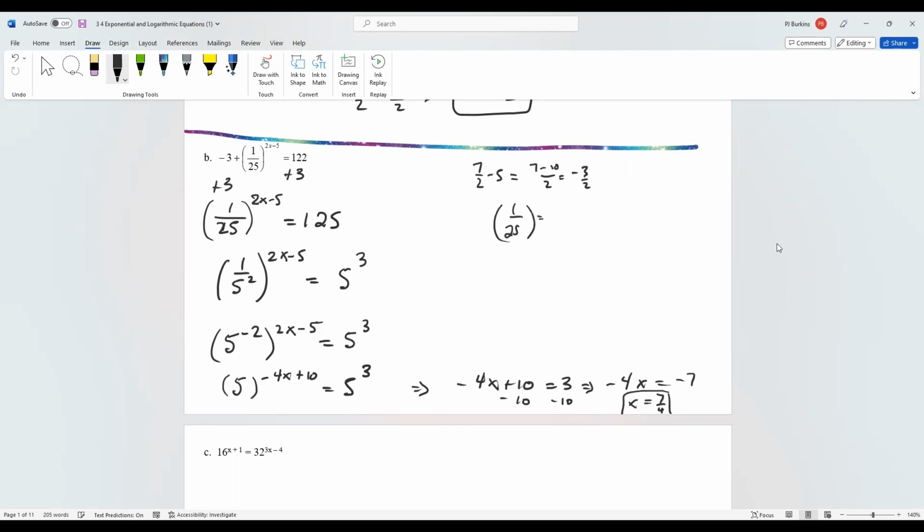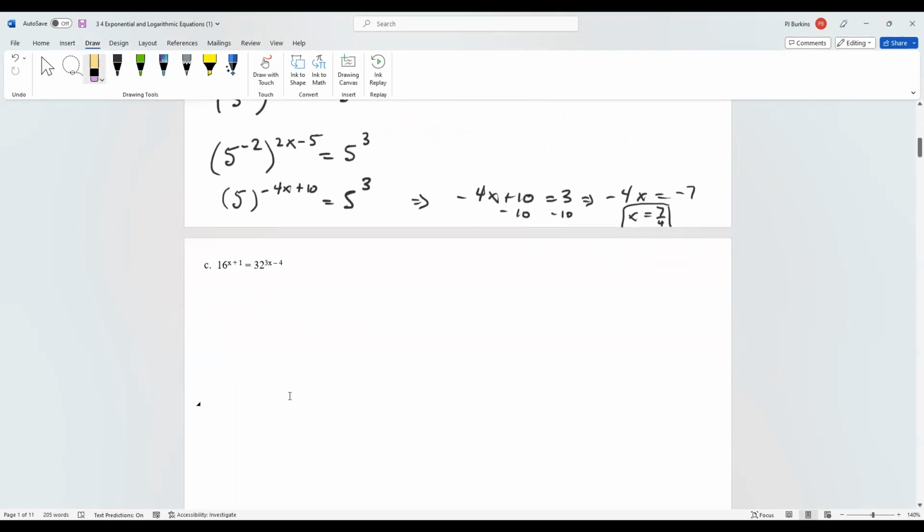So that's, as we said, 5 to the negative 2, then raised to the negative 3/2. So that's going to be 5 cubed, and that's 125. And then subtract 3, and that gives us 122. So again, it looks like that guy works out just fine. Let's continue here.